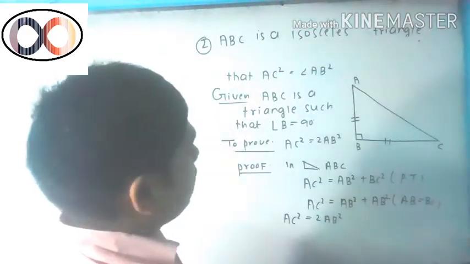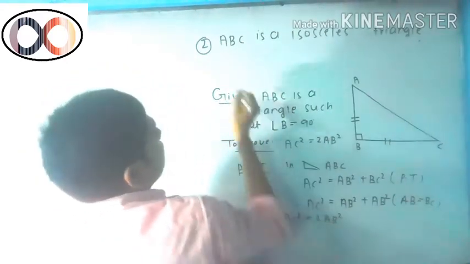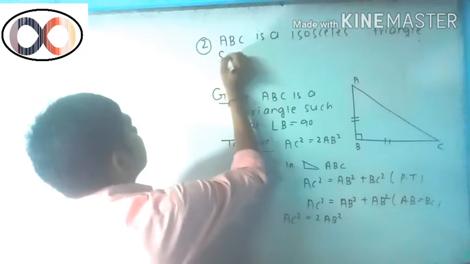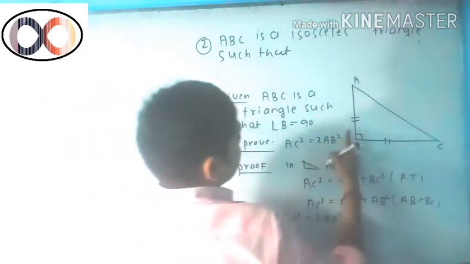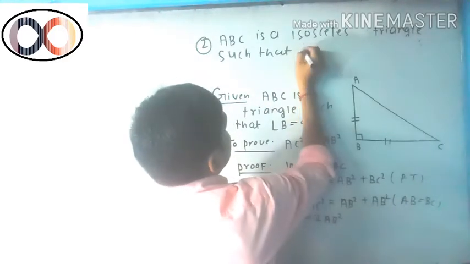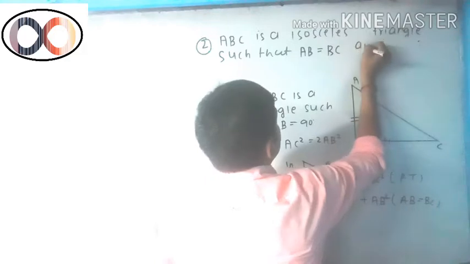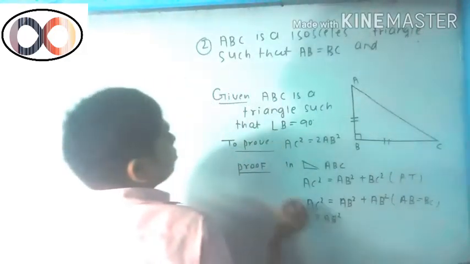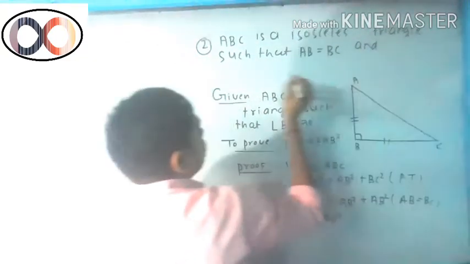ABC is a triangle such that AB equals BC and AC square equals twice the AB square.